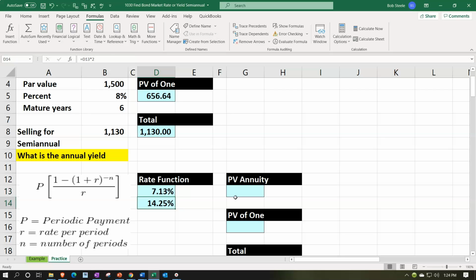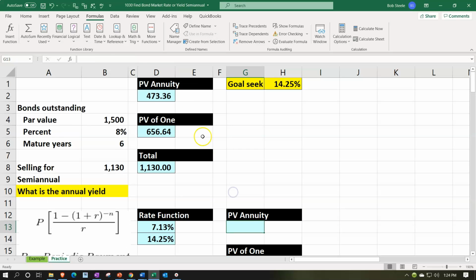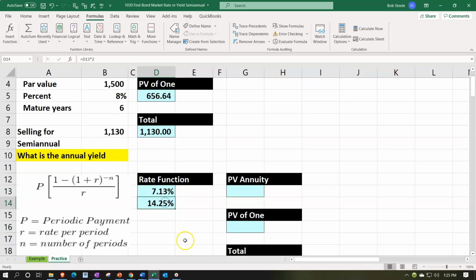Once we have that, we can then do our calculation again. Let's do this calculation one more time down here with the rate of that 14.25. So I'm going to say this is going to be negative present value, shift 9. The rate, I'm going to pick up this yearly rate this time.